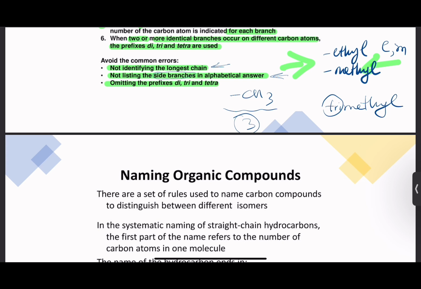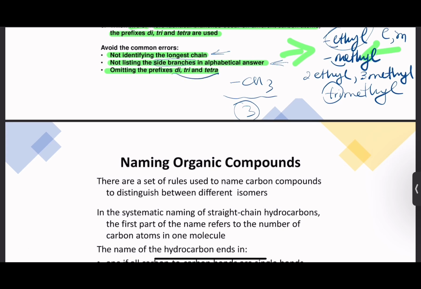So you're going to write, let's say, 2 ethyl and then 3 methyl. This is how you need to write, because ethyl alphabetically, E comes before M. And then, as I told you, if you have 3 of the methyls, you need to say trimethyl. If you have 2 methyls, you're going to say dimethyl. If you have 4, you would say tetramethyl.